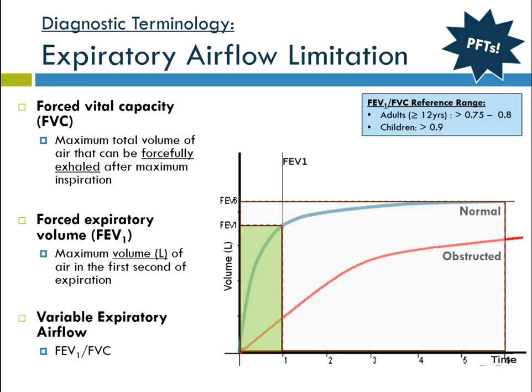But if it's obstructed, now that FEV6 or FVC is a lot lower, right? It's significantly lower than the blue line. And how much air are they able to breathe out at that FEV1? You guys see the difference? That reduction causes a reduction in the ratio, which is how we diagnose asthma.